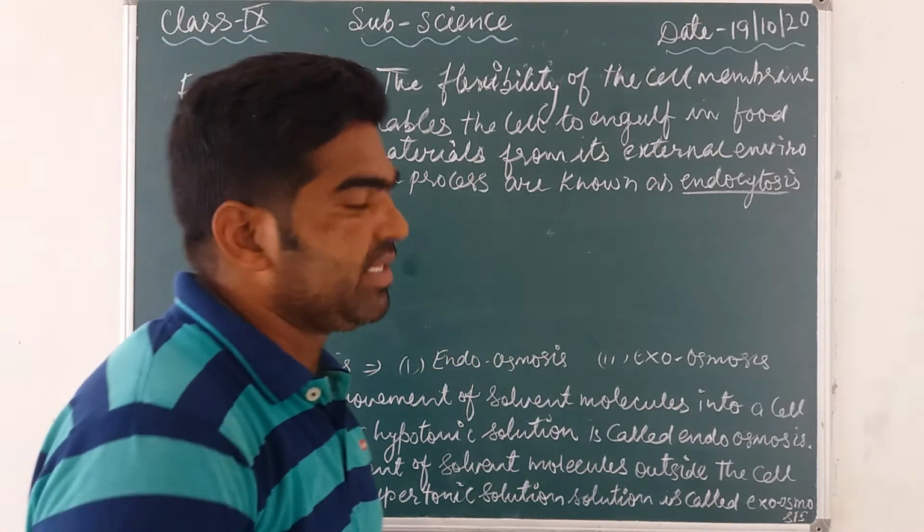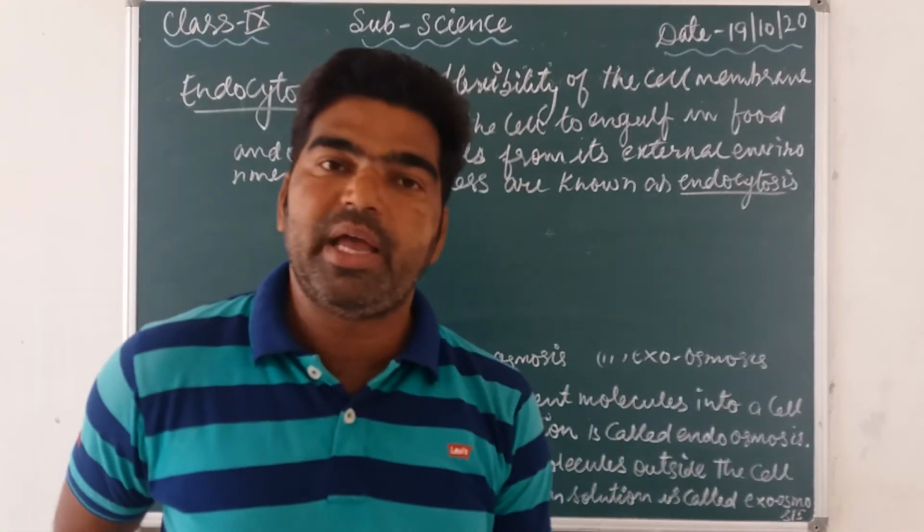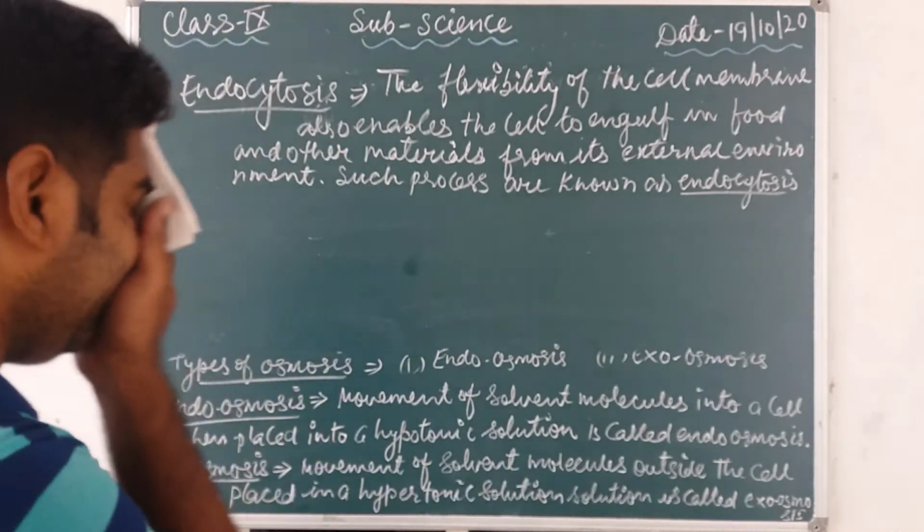Such a process is known as endocytosis, and this is the process by which the amoeba acquires food. So note down.